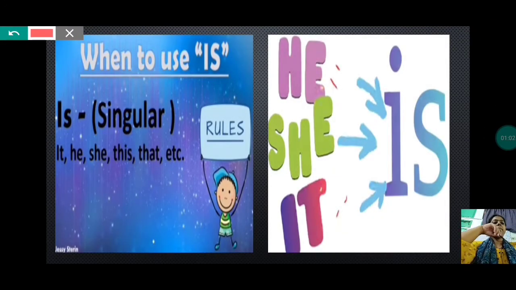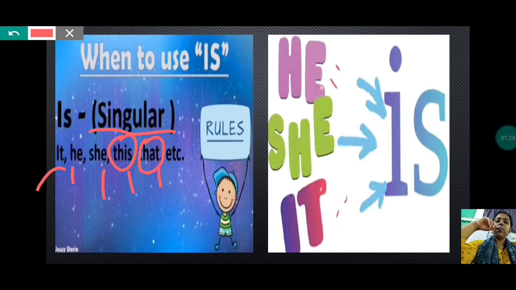Now let us see the use of is, and let us see some examples. Is is used for a singular person, animal or thing. Okay? So it should be singular. It should be a single or singular noun. So it is used with it, he, she, this and that, etc. Now this and that are also used for singular nouns.